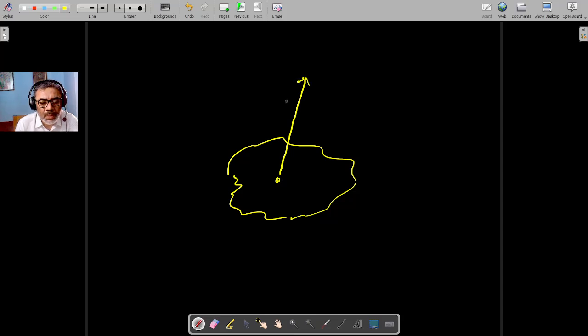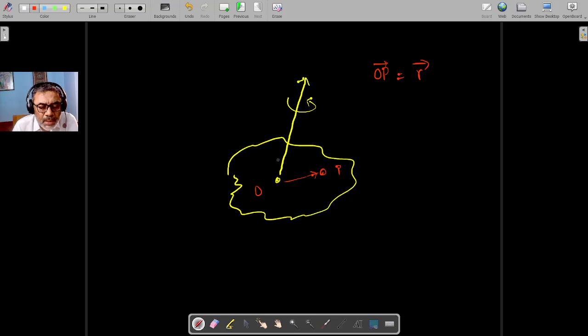The mass distribution is rotating about this axis. Now if we consider a small mass at point P, and join the origin with that point P, then OP we call the position vector.